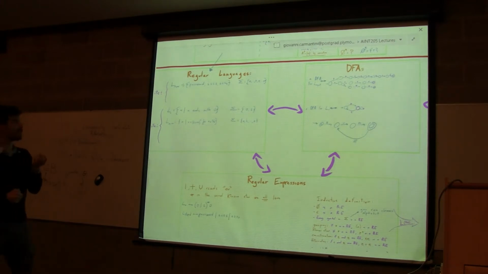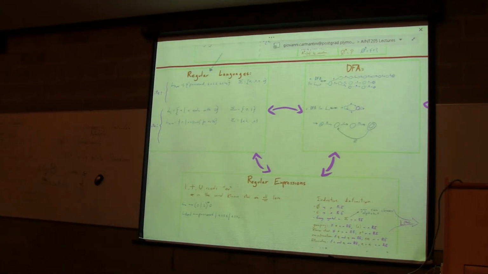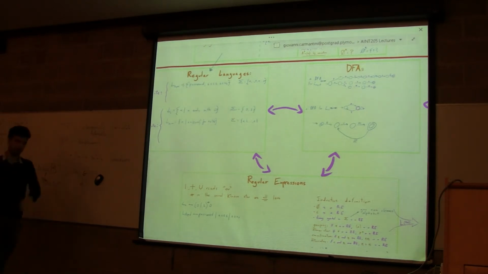But you can represent a regular language in many ways. You can represent it as a set, with this notation here. You can say that each element of the regular language is such that it ends with 0, and that's a regular language. So you're expressing it as a set.